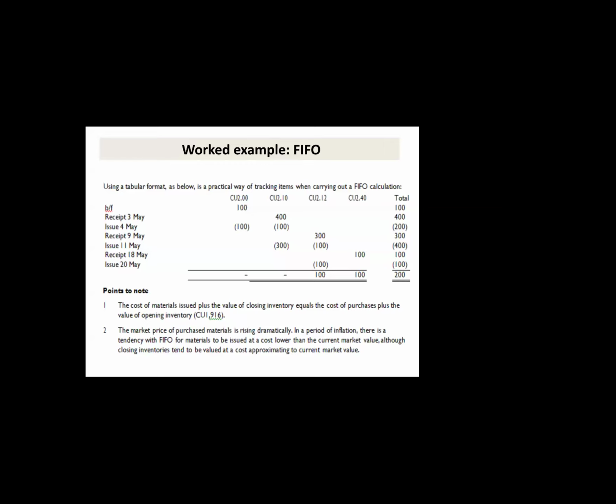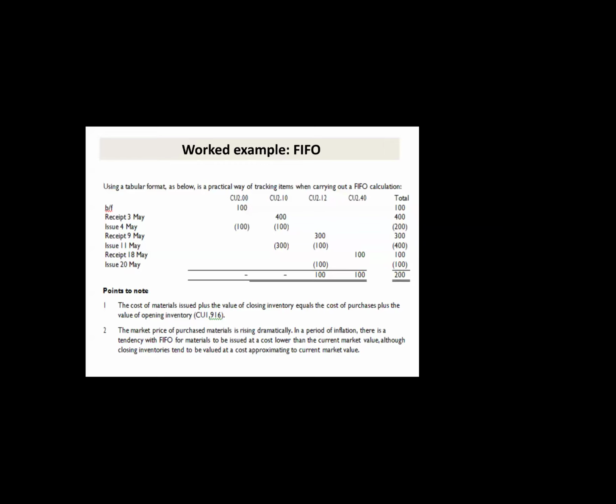Under FIFO method, we try to issue earlier product first. In an inflationary period, the product we purchased first would have a lower cost price and the product we purchased last would be higher. So under FIFO method, the value of closing inventory would be higher and under LIFO method, the value of closing inventory is lower because of inflation, nothing else.